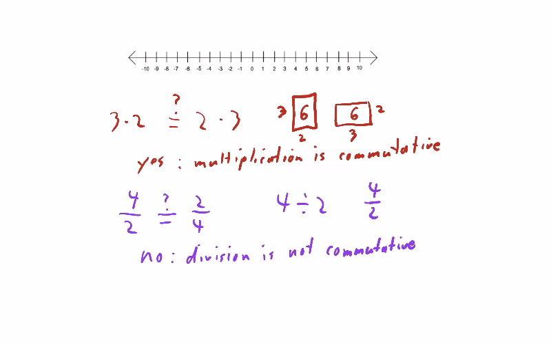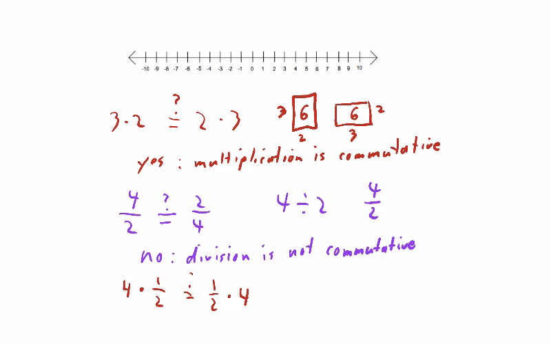Could we make it commutative? Let's see. So the answer to that is yes. If I rewrote this as 4, instead of dividing by 2, dividing by 2, we're going to later talk about, is the same as multiplying by 1/2. So could we say, if we change this to 4 times 1/2, that that is equal to 1/2 times 4.